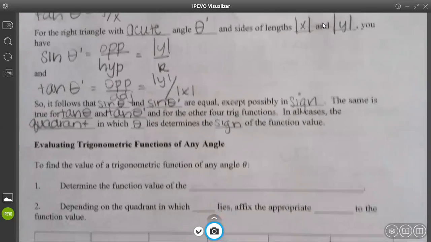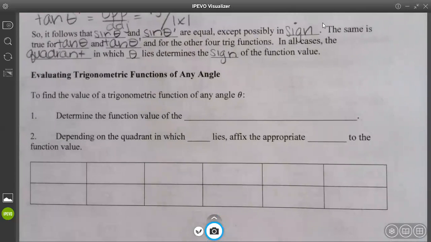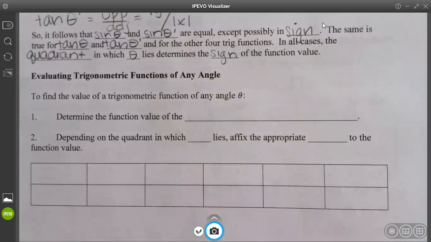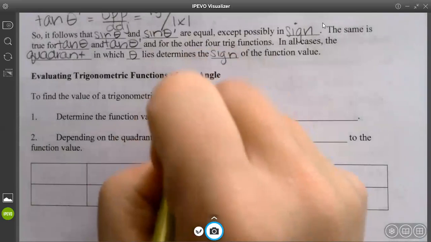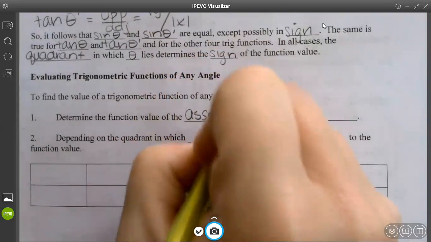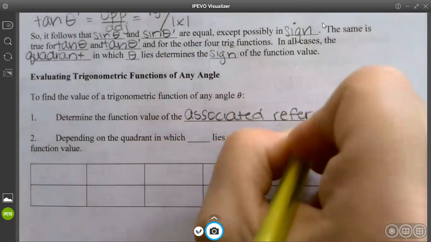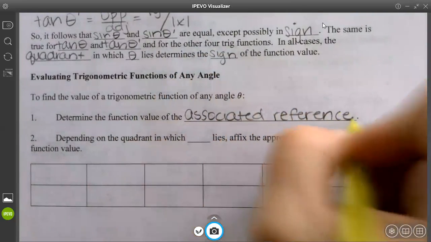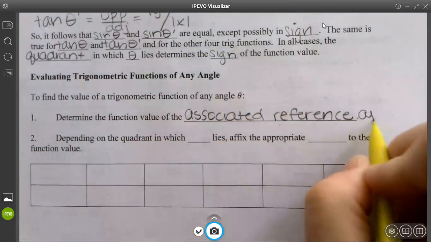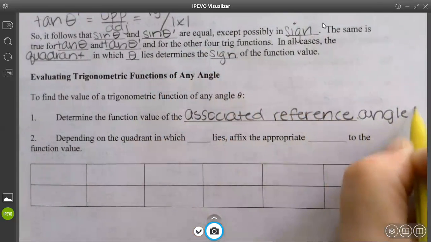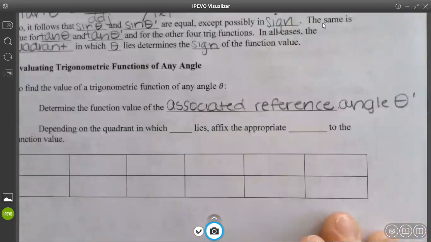All right. Evaluating trig functions of any angle. To find the value of a trig function at any angle theta, determine the function value of the associated reference angle theta prime.